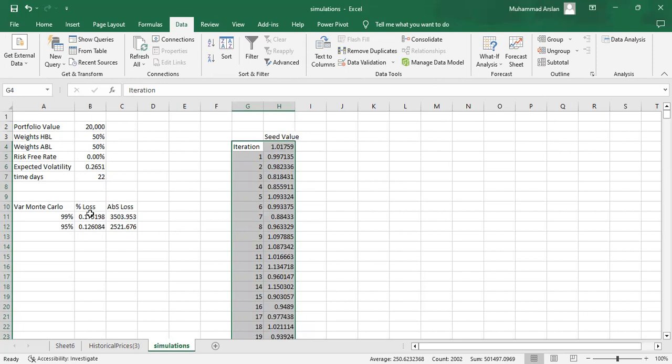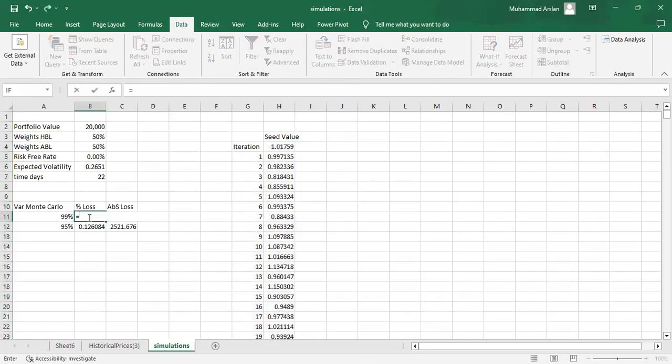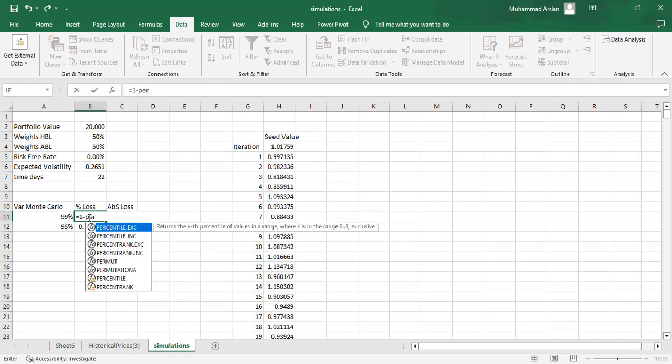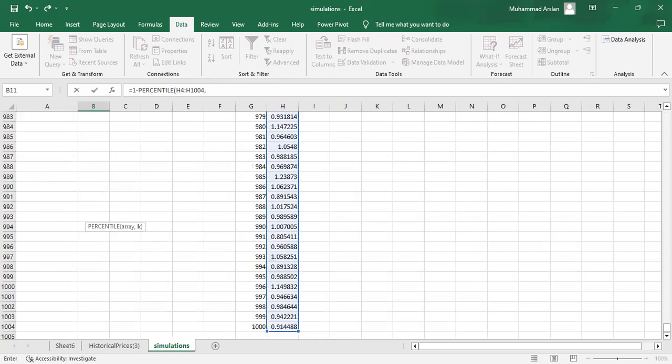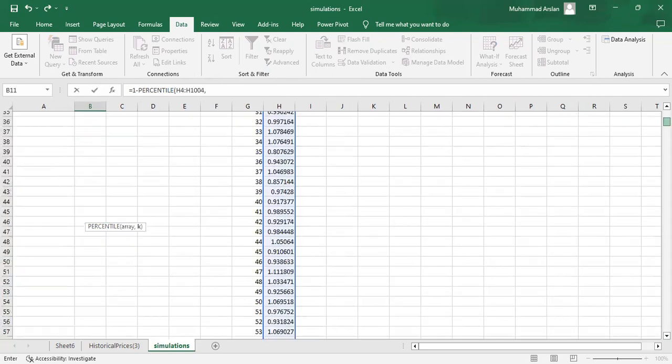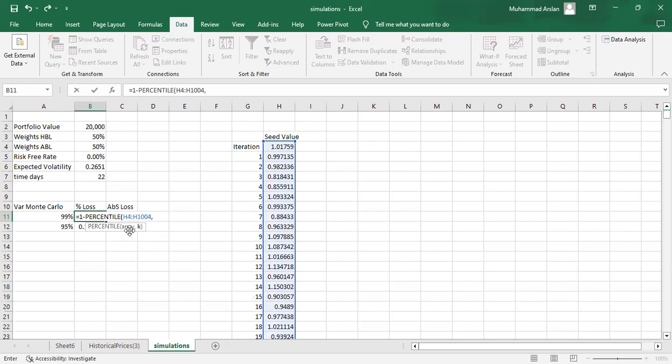Then for the value at risk computation, again, we have the confidence intervals of 99% and 95%. For the 95% confidence interval, we will use the function 1 minus PERCENTILE. Then we will select the array, then comma, and the next step is to choose the confidence interval.